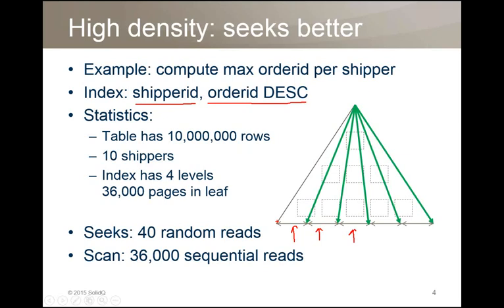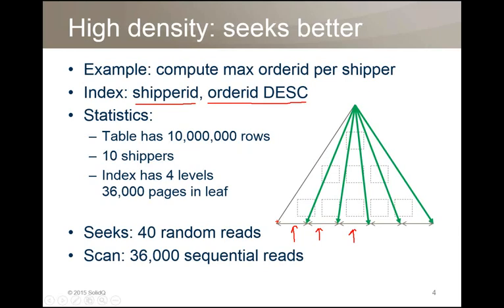And then in the leaf level, with the data that we have there, the rows are pretty short, we are looking at about 36,000 pages, right? So you realize that the cost of a full scan within the leaf of the index will simply be 36,000 page reads. So remember, the cost of one seek is 4 random reads. The cost of a scan is going to be 36,000 sequential reads, okay?